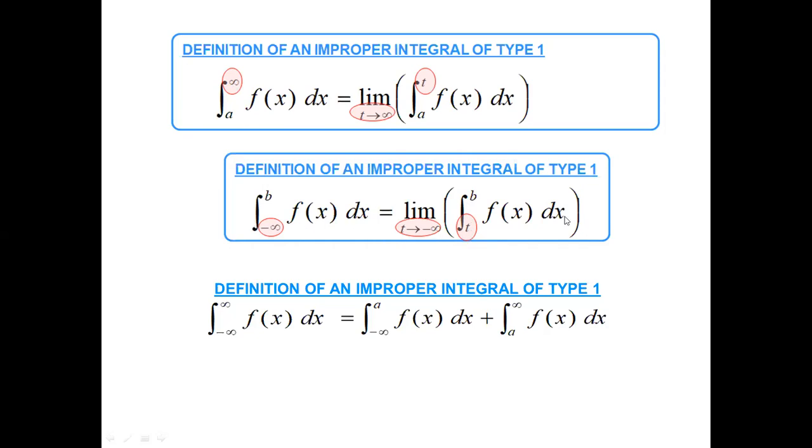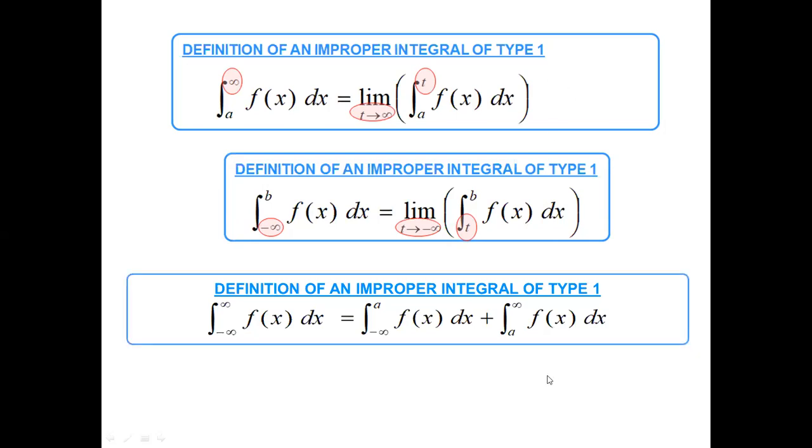So this is also an improper integral because one of the limits of integration is infinity. The other one is this: both limits, the lower limit and the upper limit, are infinity. If that is the case, class, you are also given an improper integral. So these three are all improper integrals.